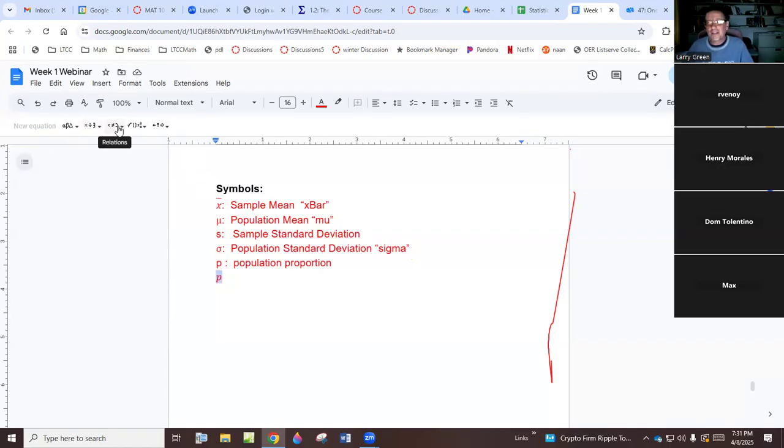The Greek letter for P is pi, and that is really confusing. So we don't use that. Instead, we're going to use P as a non-Greek letter to talk about the population proportion, and P with a hat on top of it as a sample proportion. And that's called P hat.